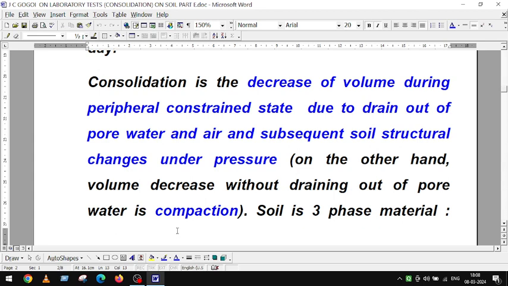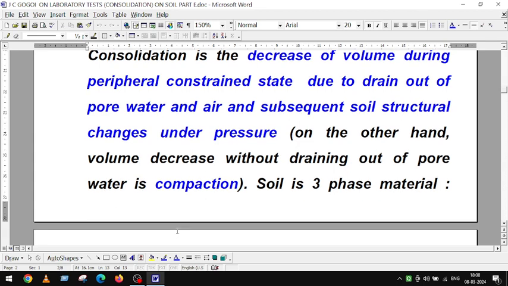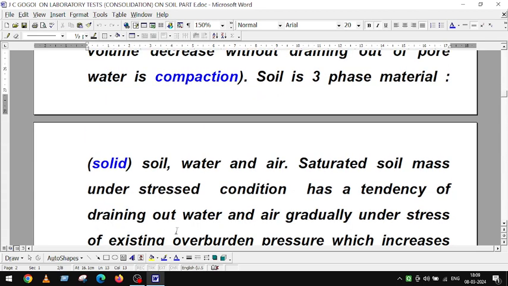Soil is a three-phase material: solid, that is the soil portion, water and air.